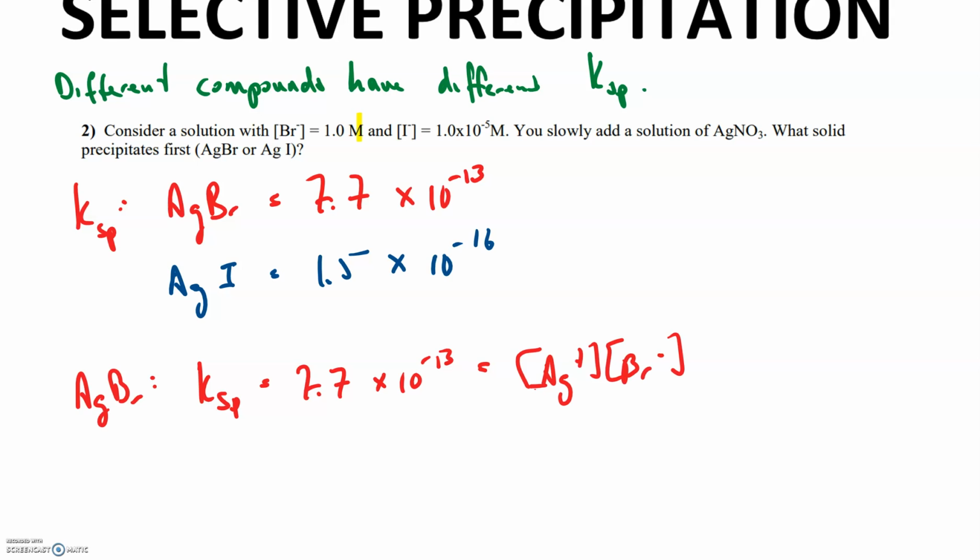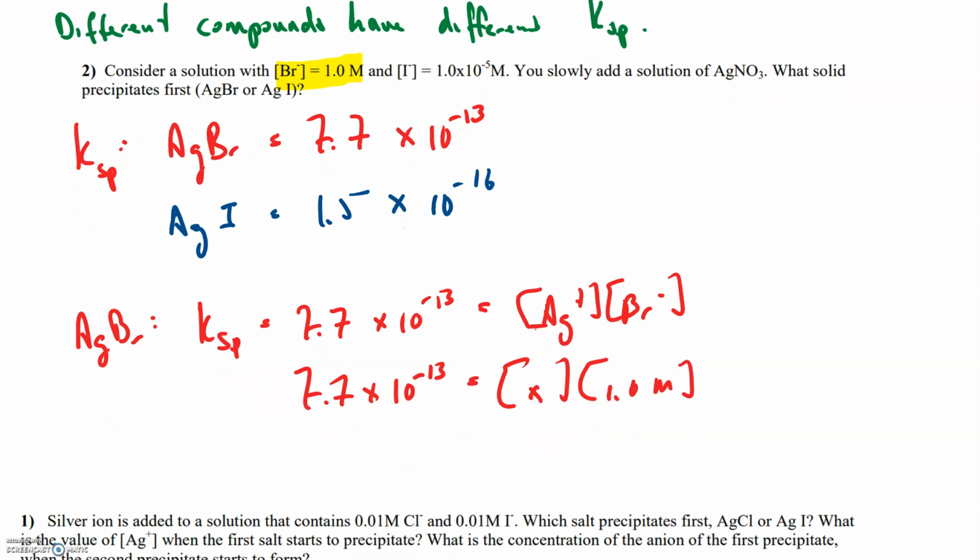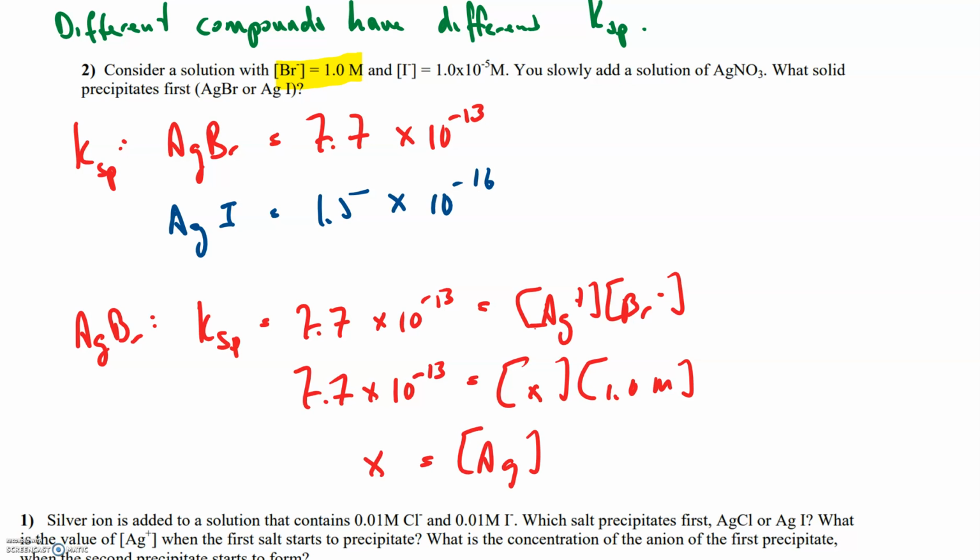According to this, we're starting with 1 molar, and obviously that makes the math real easy. 7.7 times 10 to the minus 13, and of course we're going to approximate, we'll just make this X. And this is 1 molar, so you don't even need the math. What this means is that X is the silver ion concentration you've got to get to in order to get this to precipitate.